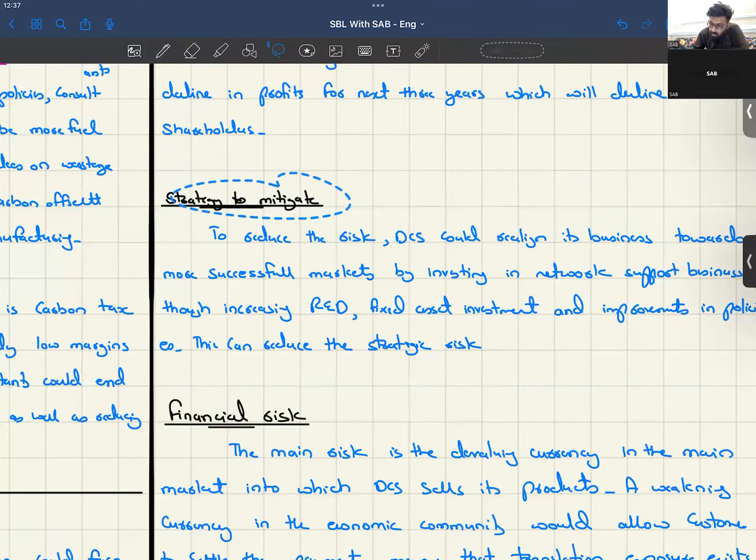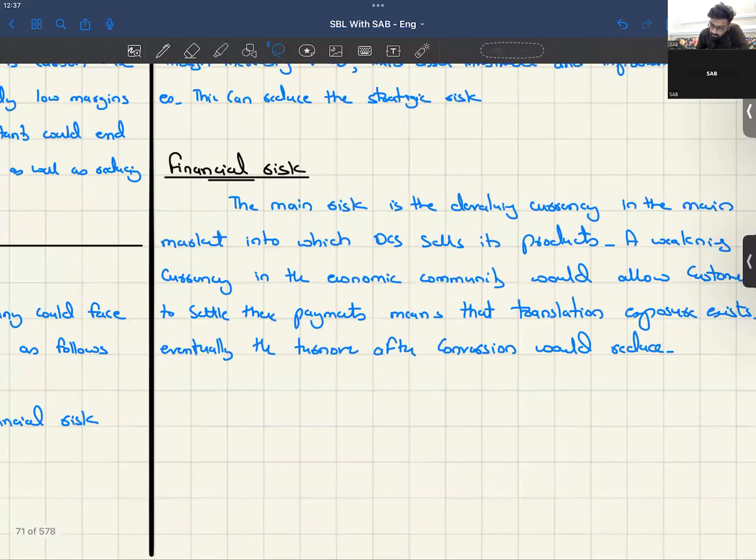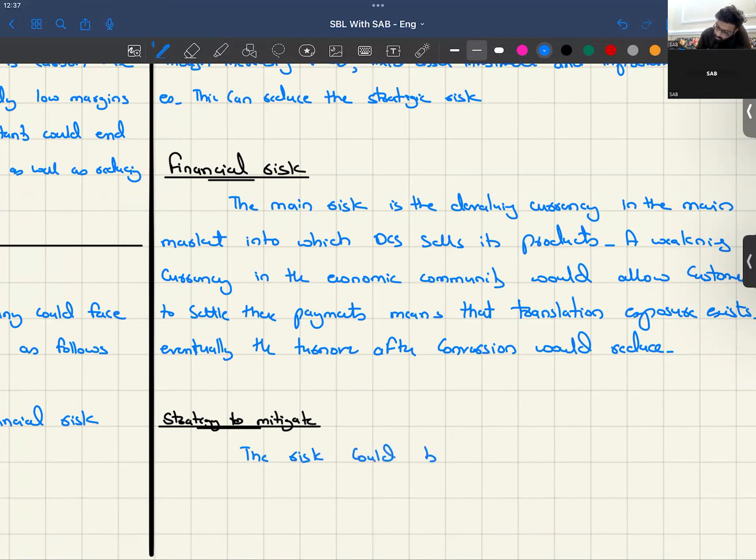Now, strategy to mitigate. What's the strategy to mitigate here, right? The risk could be avoided by currency hedging, which you guys have studied, right?